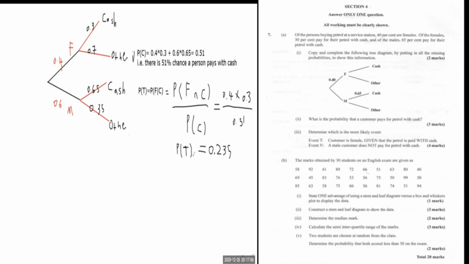So now let's find the probability of event V occurring, which is a male customer who does not pay for petrol with cash.